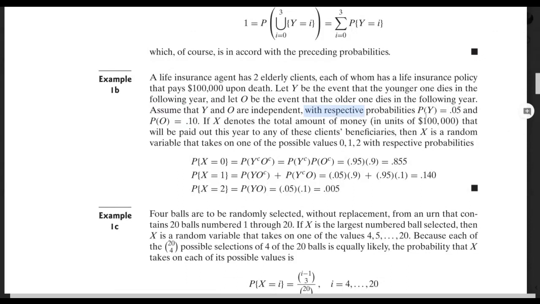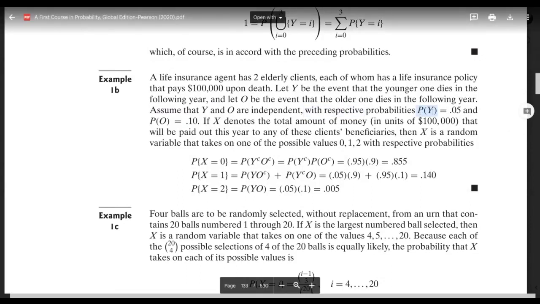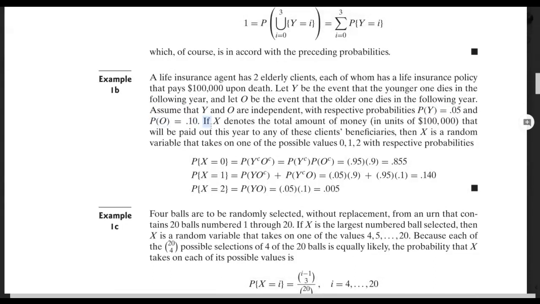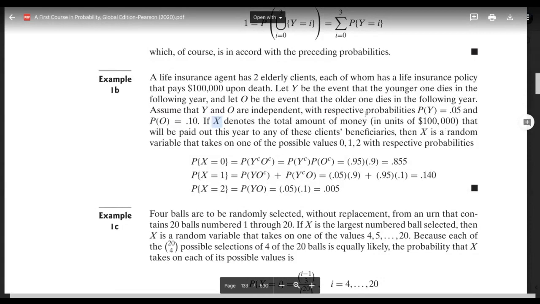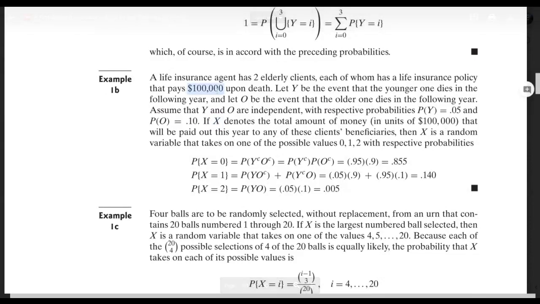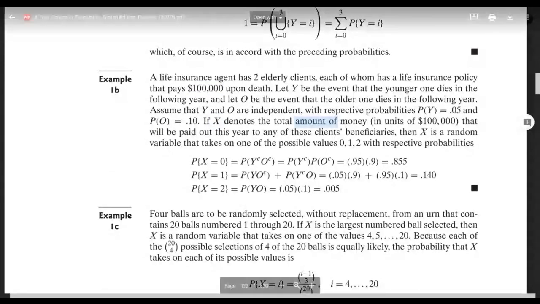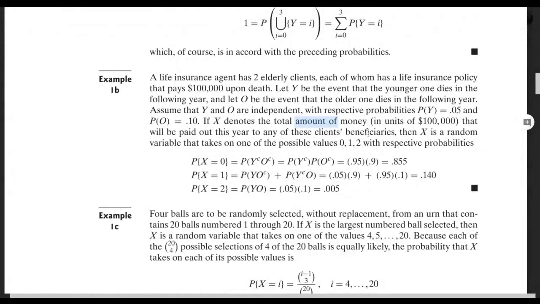With respective probabilities, the probability of the young one dying is 0.05, and the probability of the old one dying is 0.1. If X denotes the total amount of money in units of 100,000, because each policy pays this much, then X denotes the total amount of money that will be paid out this year to any of those clients' beneficiaries.